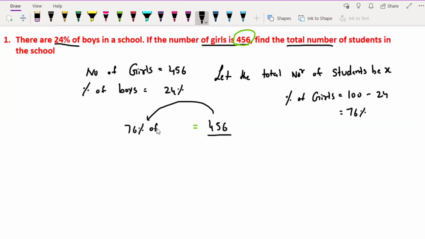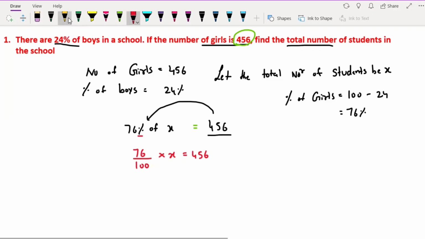Total value should always be compared with the total number, which we have considered as x. So 76% of x. To remove the percentage, 76 divided by 100 into x is equal to 456. So let us cross multiply.